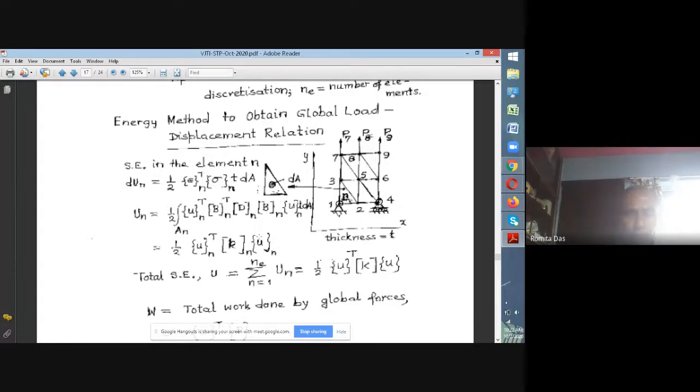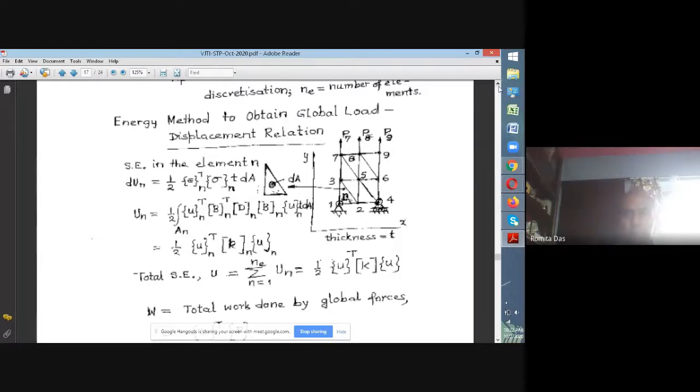At node number 1, both u and v are 0, so u1 is 0 and v1 is also 0. Then node 4 will displace in the x direction, which has to be determined, so it's an unknown. The vertical load there will come up as a reaction force, but its displacement in the y direction is 0, so v4 is 0. So those are all the conditions in this case.